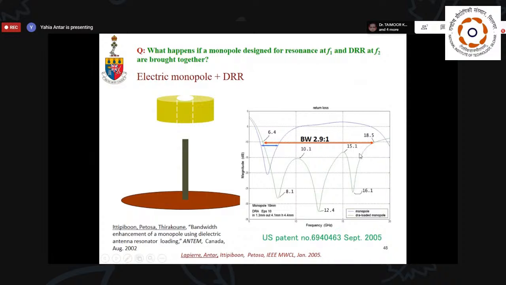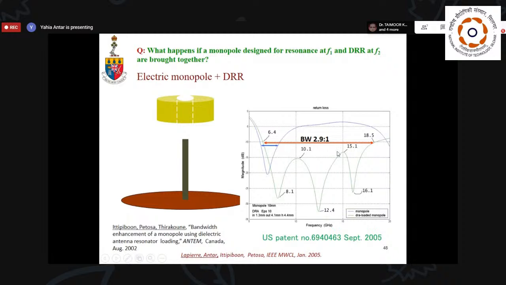So this resonant frequency here is basically close to what the resonator would be. If you combine them together, you actually get this whole response here. So you're getting a huge bandwidth. You cover the bandwidth all the way to here.